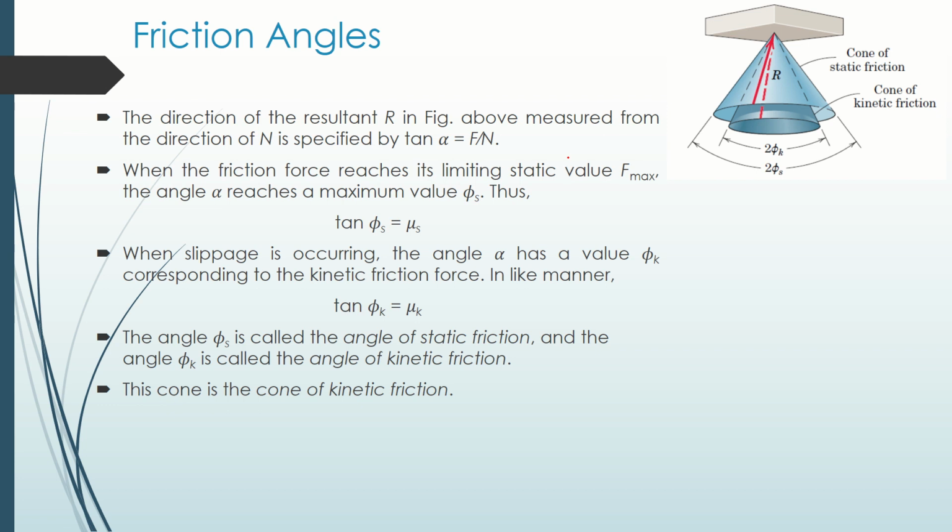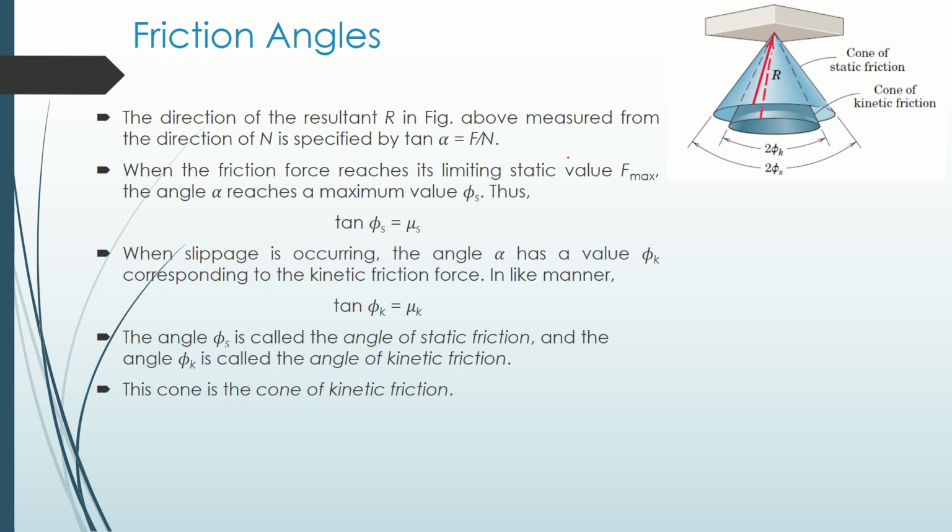So the two angles, you have to understand the two angles. The two angles can be defined as two cones. Why the two cones? If you take the maximum value of the angle at which the static coefficient tends to achieve, or the coefficient of static friction, that would be the maximum value.